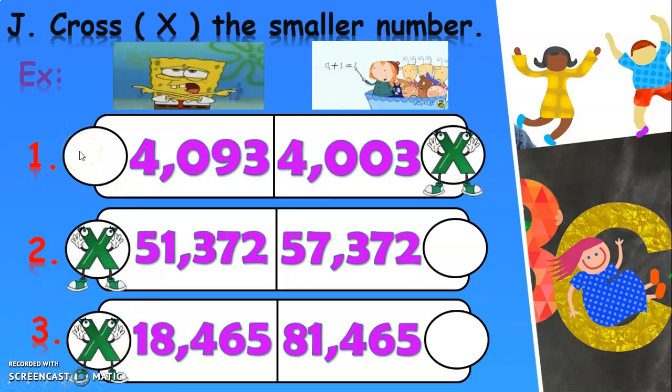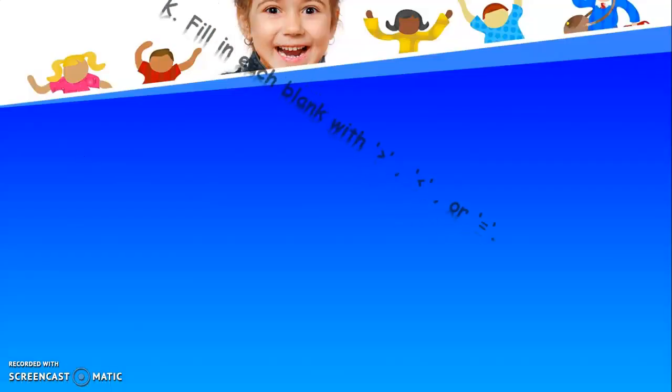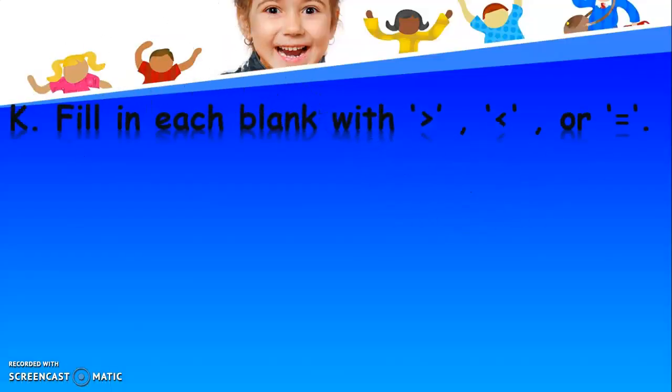Now let's go to the last part of this practice. We are now practicing for letter K. Here you have to fill in each blank with symbols for comparing numbers, less than or smaller than, more than or greater than, or equal.